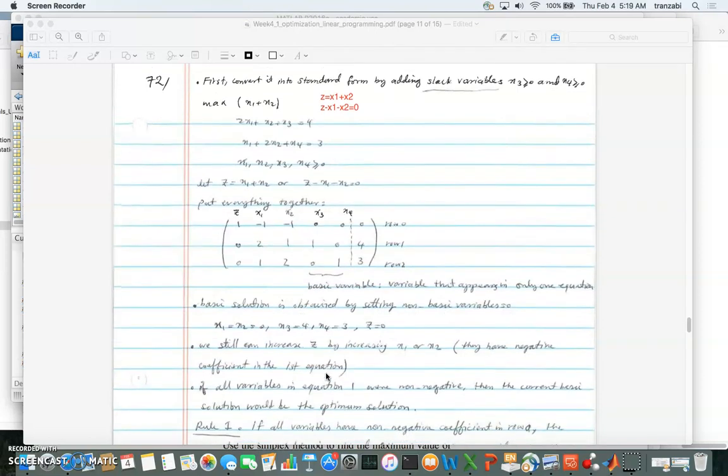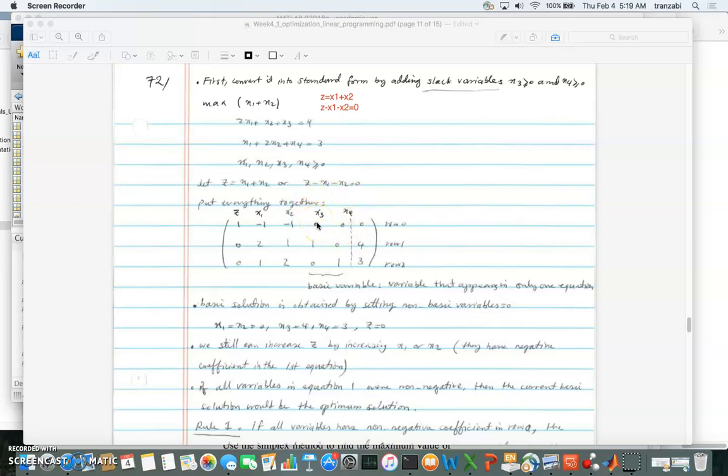So here's step 3. Step 3 says the first corner of that polygon is defined by setting the non-basic variables to 0. But what are non-basic or basic variables? The variables that we introduced, the slack variables, are called basic variables.